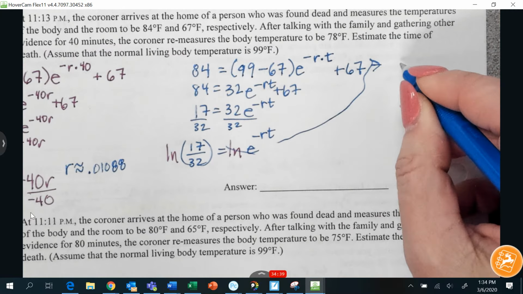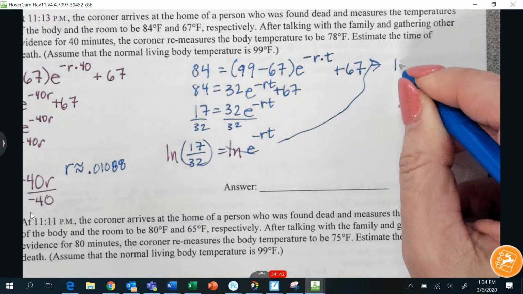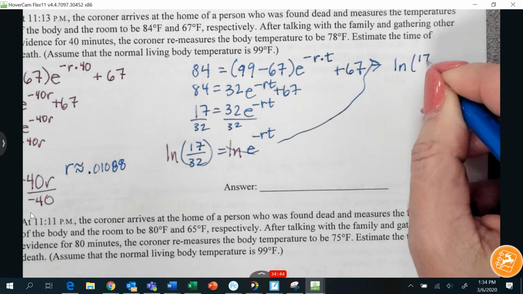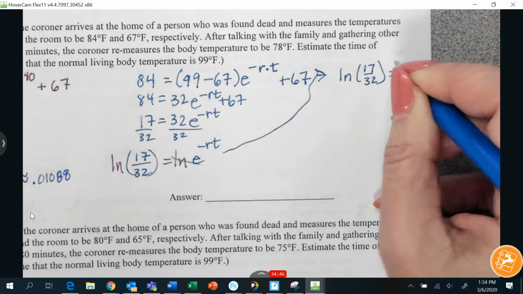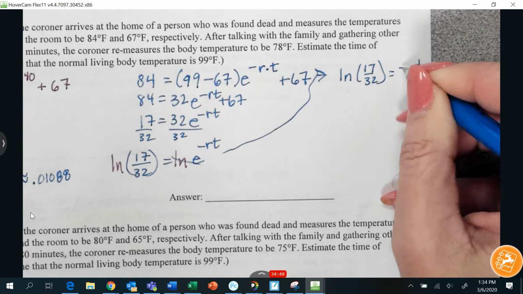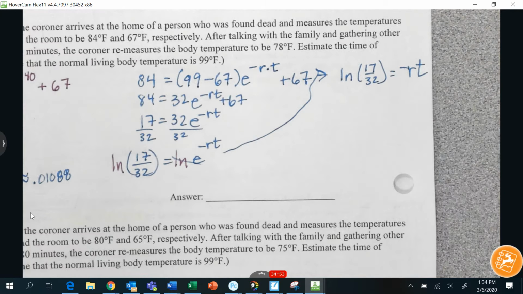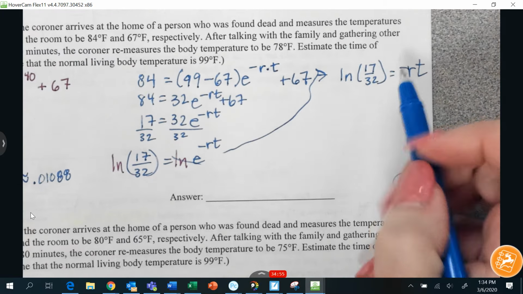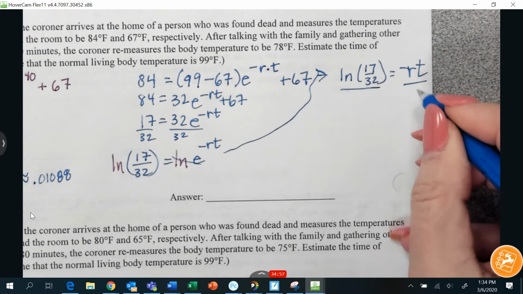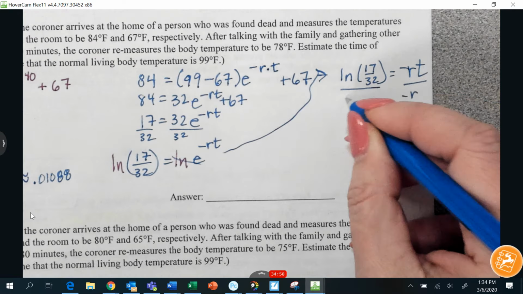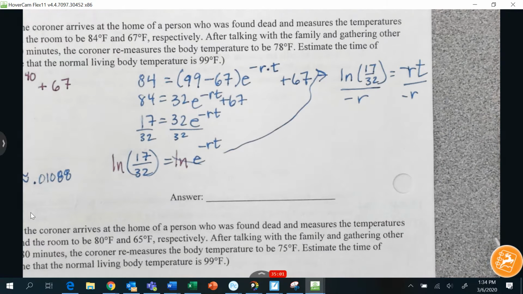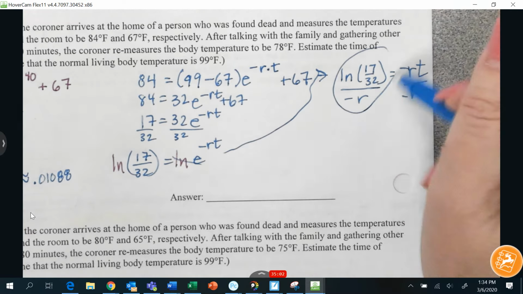So now I've got ln of 17 over 32 equals negative R t. Divide by negative R to both sides. Right, but we know what R is. I just don't want to write it down because it's ugly. And I saved it, so this is what I type in my calculator.